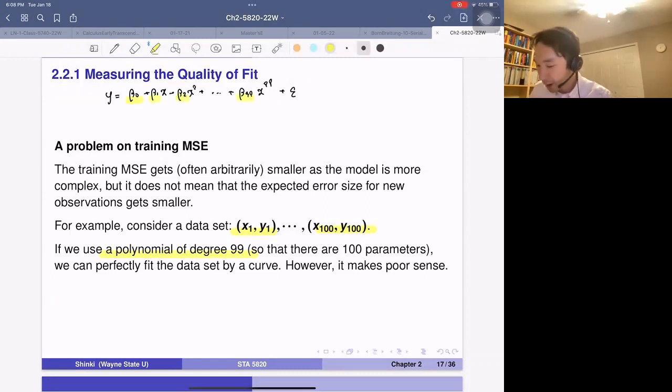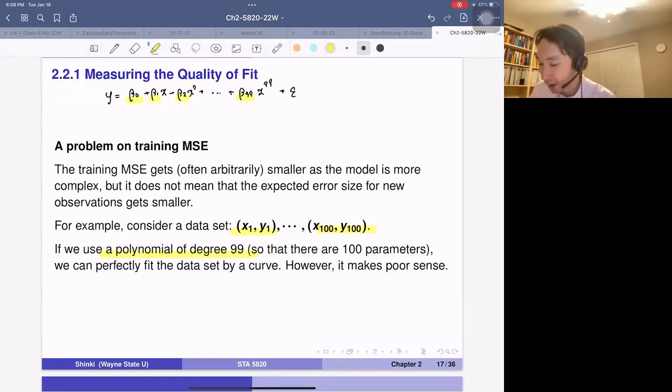And if we fit the model, just plug in x1, y1 to x100, y100. Then we have 100 parameters for 100 equations. So we can perfectly solve this equation if we don't have any dependence. If we have the same x values for some observations, then that's a problem.